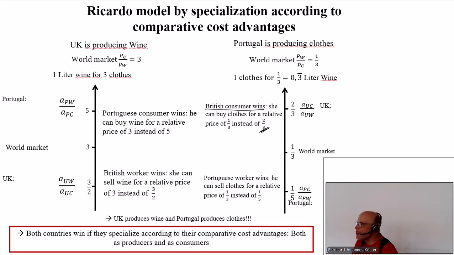Portugal has produced clothes because they have there the comparative advantage. At home, they can sell it only for a price of 1/5, 0.2 liters of wine. At the world market, they obtain 1/3.